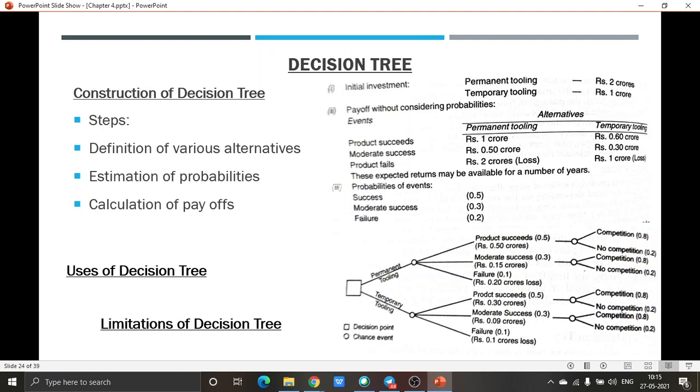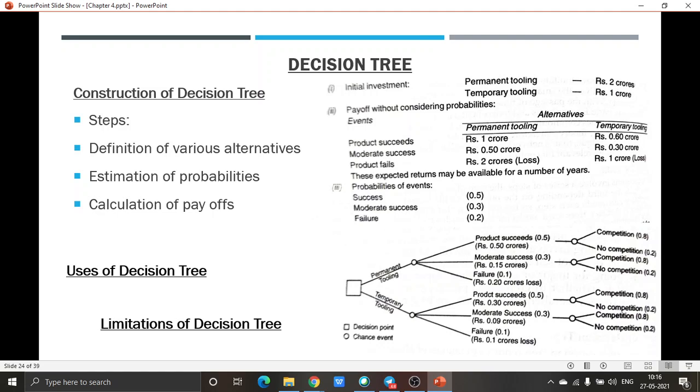Whether to go up for it in a major way so as to assure production at the lowest possible cost, or to undertake cheaper temporary tooling involving a higher manufacturing cost but lower capital losses. Or if the product does not sell as well as estimated, what has to be done? These are some of the questions which can be taken under a decision tree.